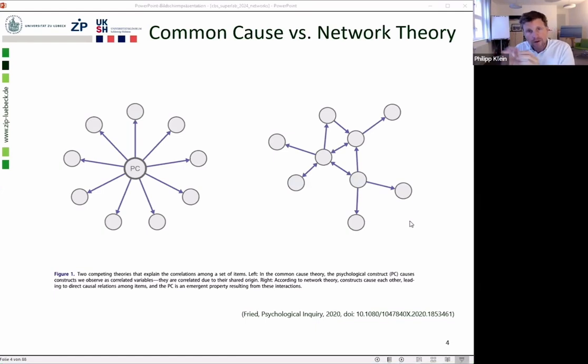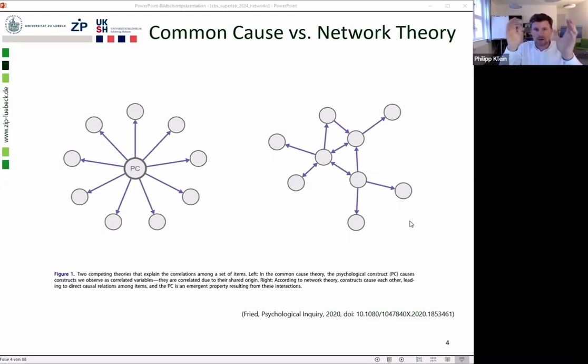Now, the network theory of mental disorder takes a slightly different view. It takes a view that symptoms aren't passive indicators of a disease, but rather active components, and their interaction is what maintains the problem.